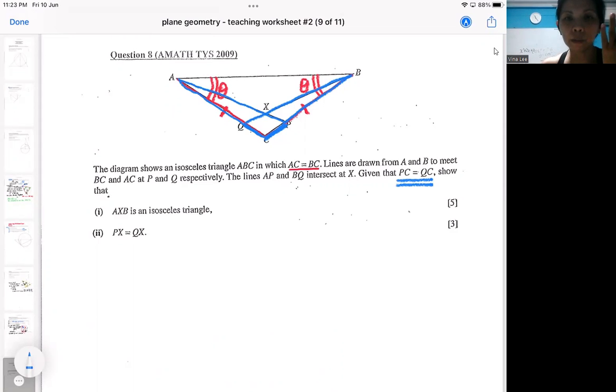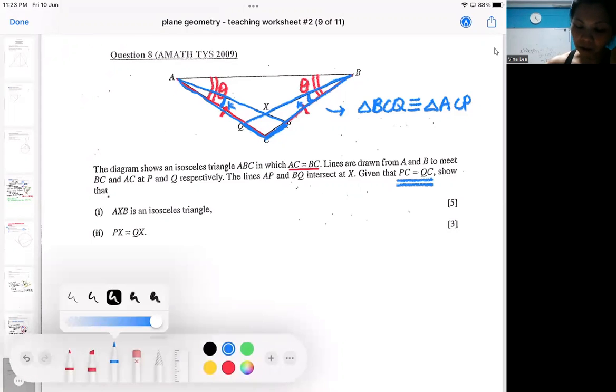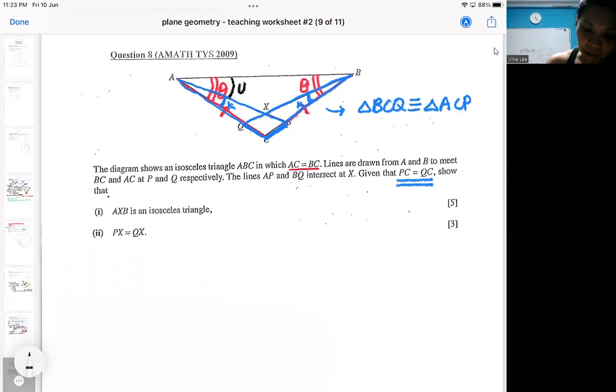If I can successfully prove that these two blue triangles are congruent, then this blue angle will be the same. And that enables me to get theta minus k, theta minus k. So theta minus k is the base angle of AXB.